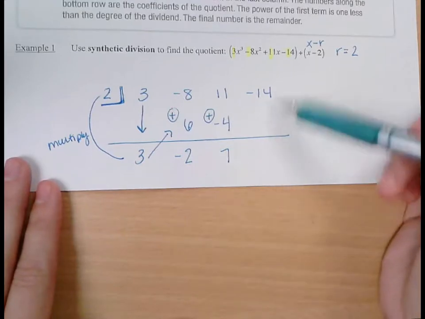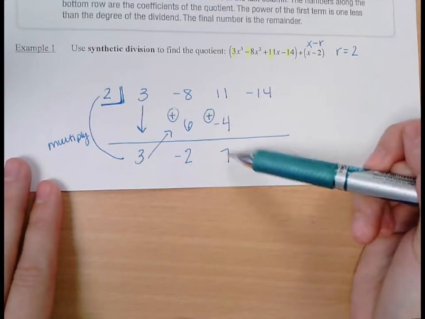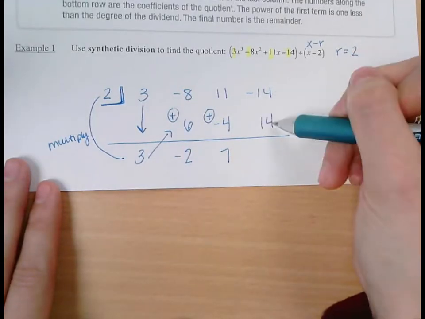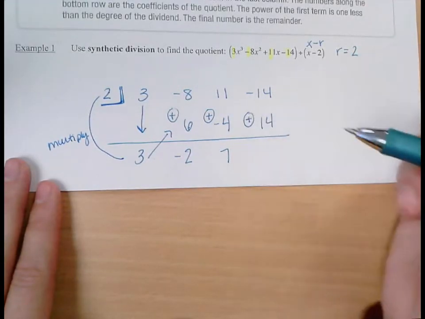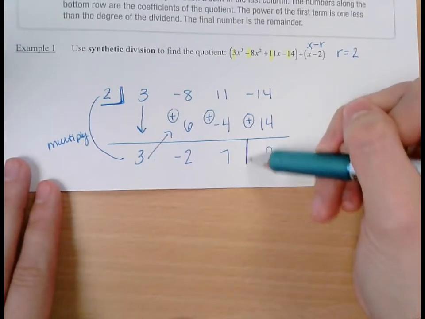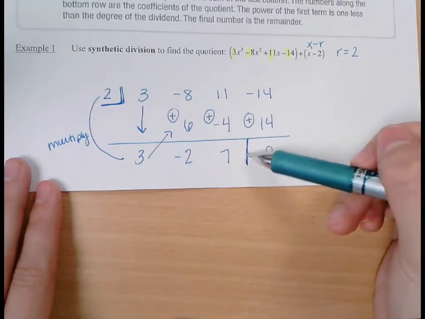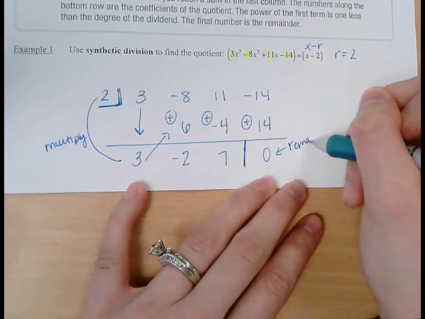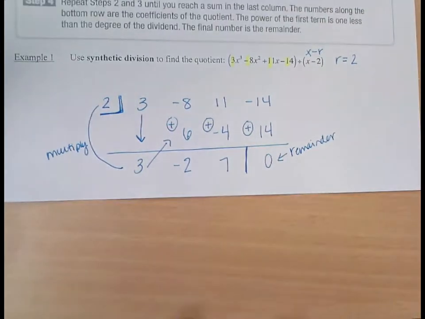Do it again. You do it until you're in the last column. 7 times 2 is 14. 14 goes below the negative 14. They're added together, and that's 0. Now, I usually will also draw a line before the last value because the last value is going to be your remainder. So we saw in the long division there was no remainder, so that's why it's 0.